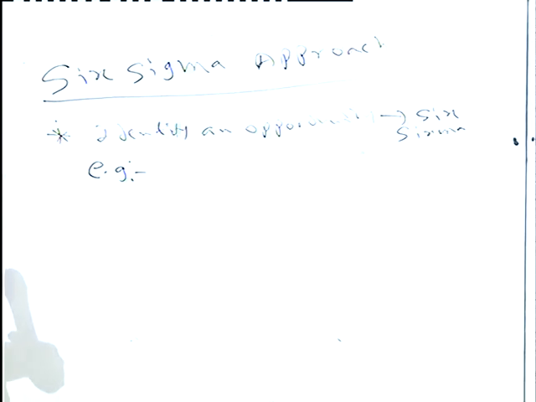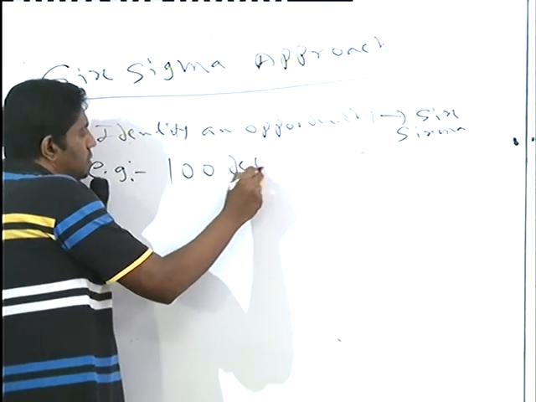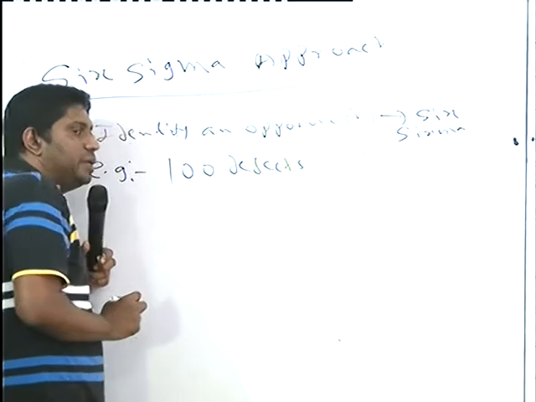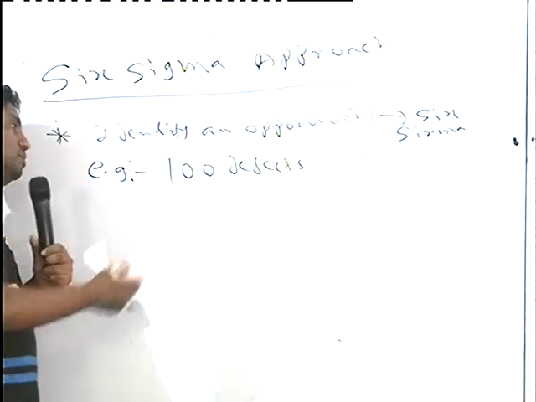We have found that when we manufacture 1 million units, normally we experience 100 defective units. This is a problem. Do you agree with my point? So when we manufacture 1 million units, we experience 100 defective units.